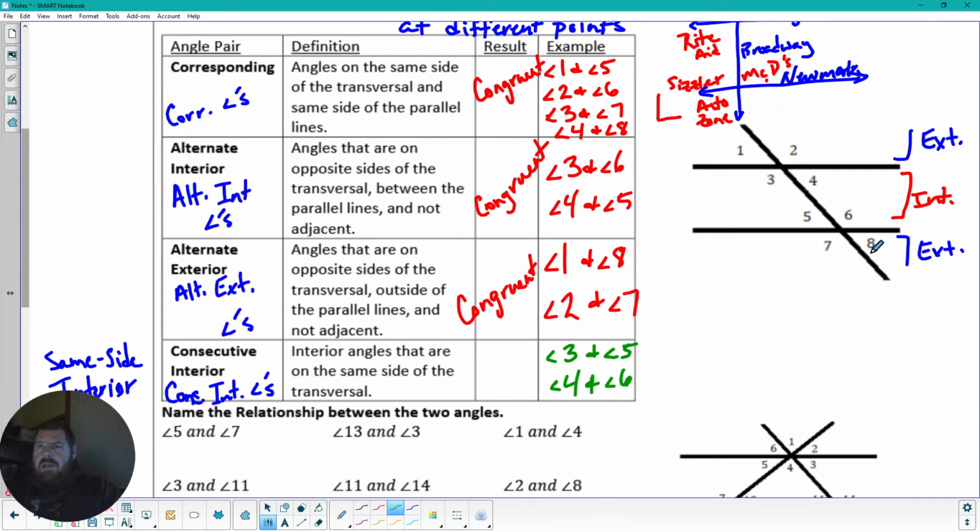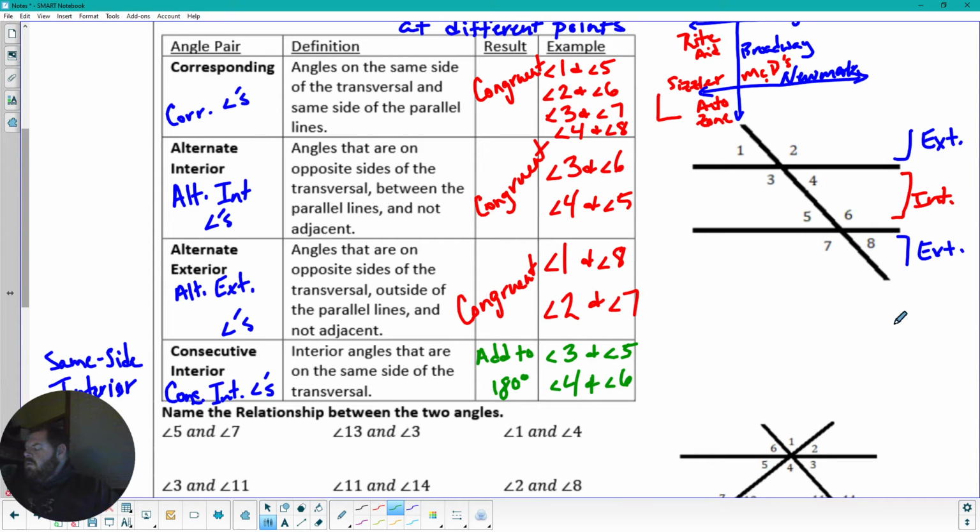Does angle 3 look the same as angle 5? It doesn't. I've got a big angle 3, like more than a right angle, and angle 5 is less than a right angle. But they do add up to 2 right angles. They add to 180 degrees. So we'll say that they add to 180.